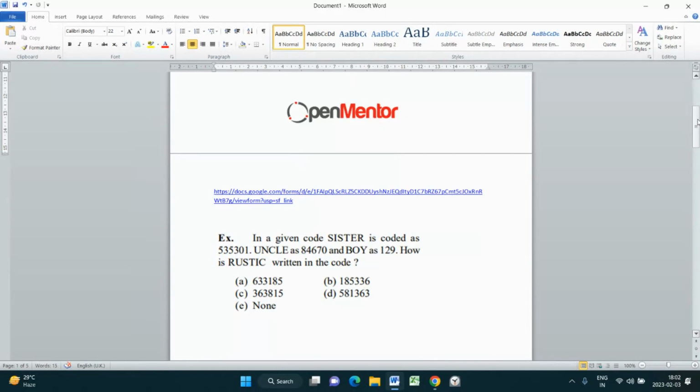There will be some alphabets, one word, and it will have equivalent numerals, or it will be converted into another word in a different format. You will be asked to find out, if you change this, or derive some other word from whatever you have used, and you will form that word based on the sample you have been given.